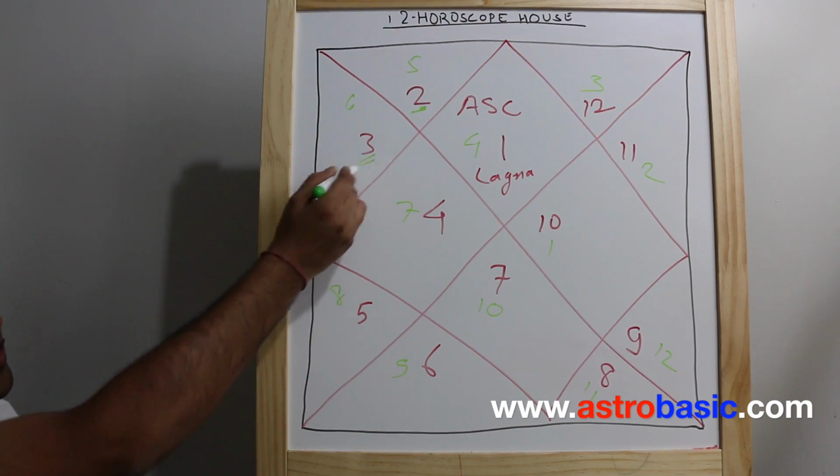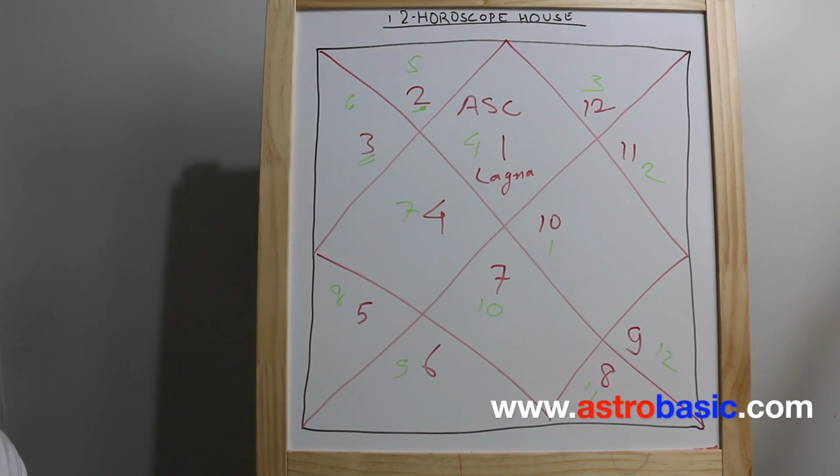The third house is your courage, your siblings, your neighbors, or short distance journeys. The fourth house is related to home, property, vehicle, what you buy. Basically it's called the Sukhesh Sthan in Hindi.